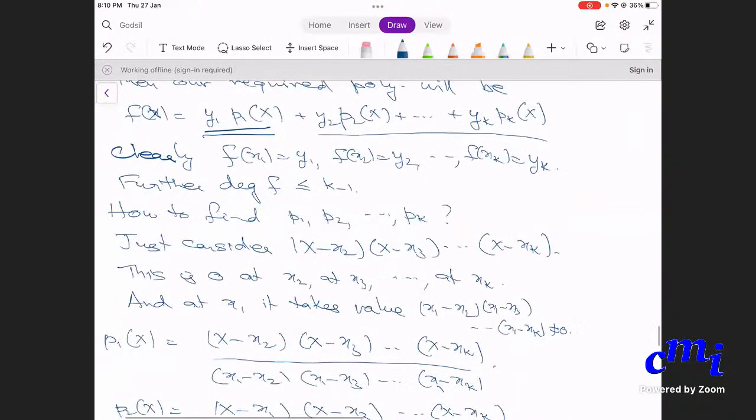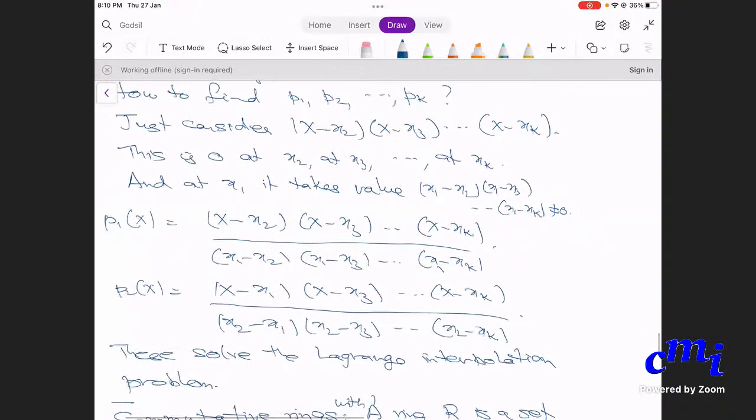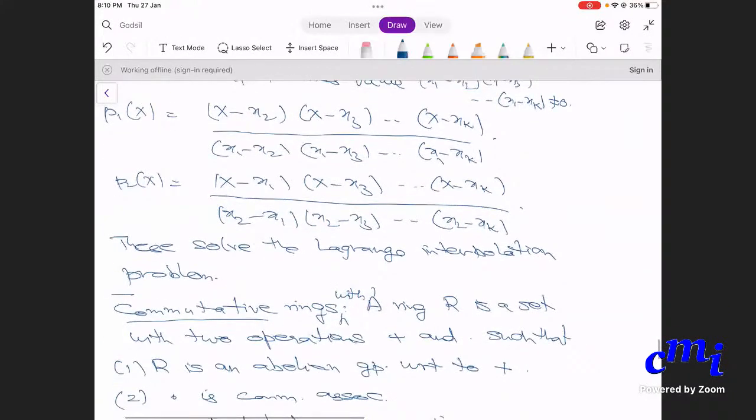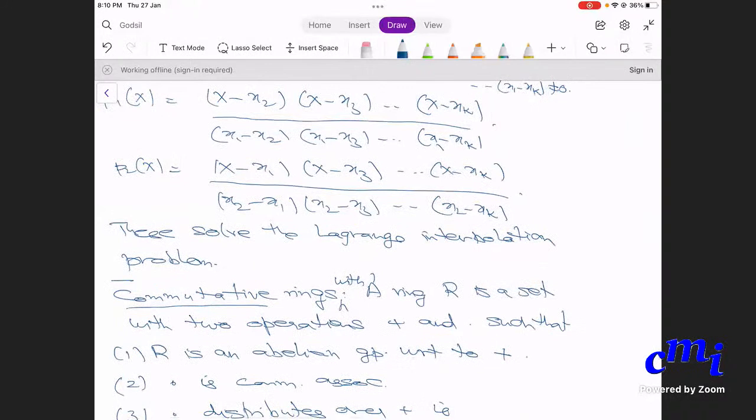I have not yet done Lagrange interpolation using the Chinese remainder theorem. So far, I have just done it using the Vandermonde matrix. I'm coming to that one. I'll do that the next time. I will get to that soon.